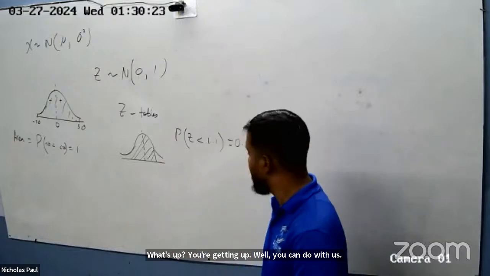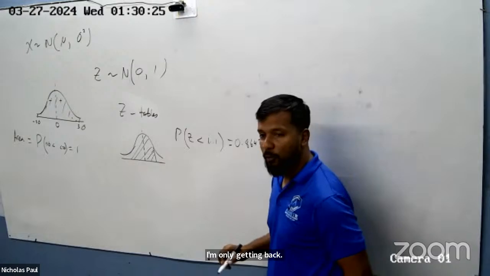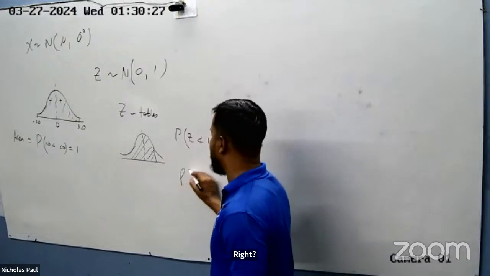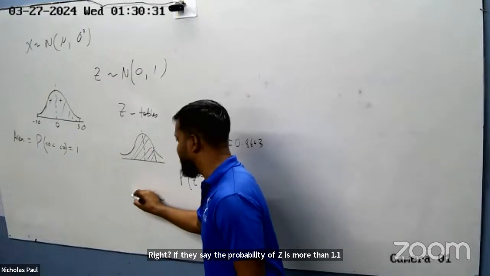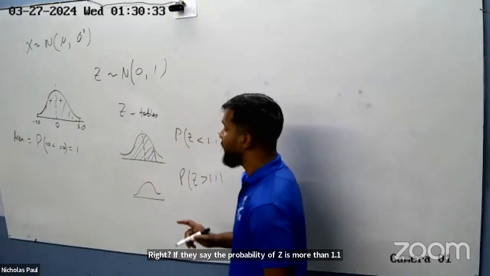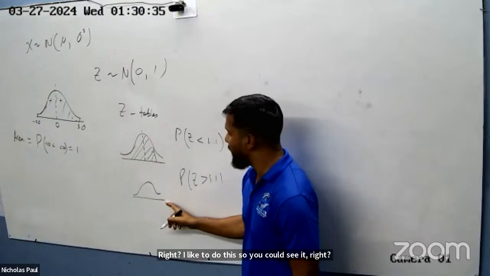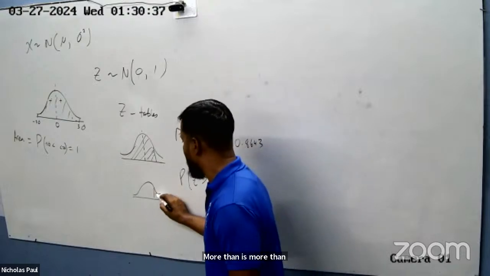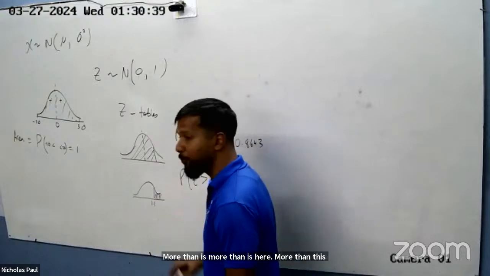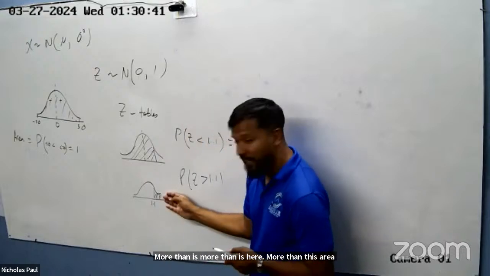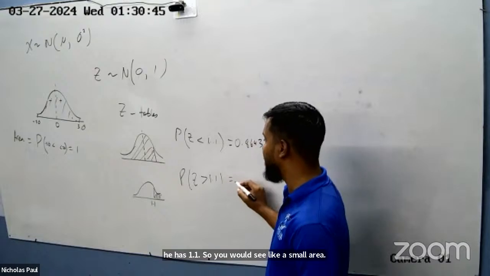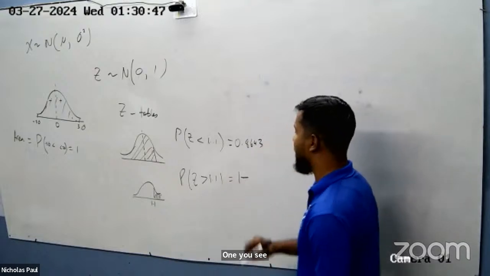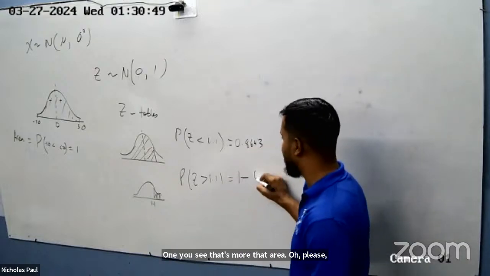And if they say the probability of Z is more than 1.1, I like to draw this so you can see it. More than is this area here, here's 1.1. So you would see that it's a smaller area. Once you see the smaller area, hopefully something clicks in your brain and you recognize that you're subtracting from the bigger area.